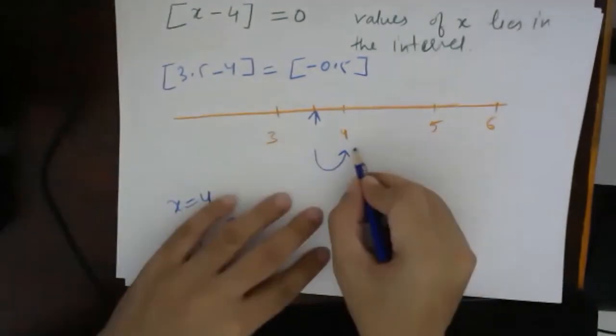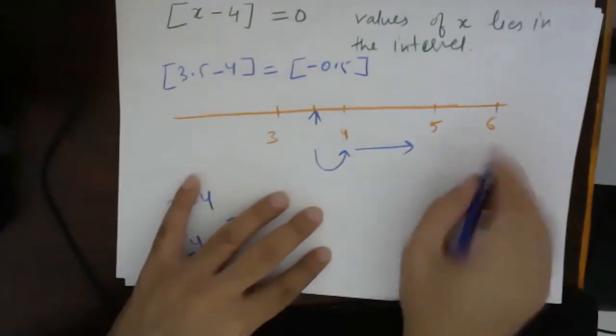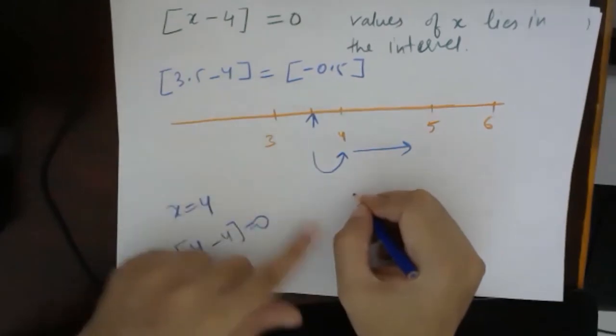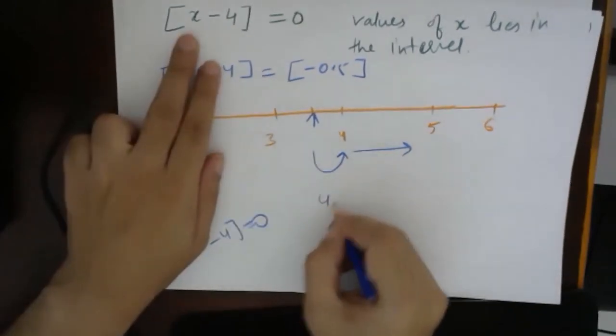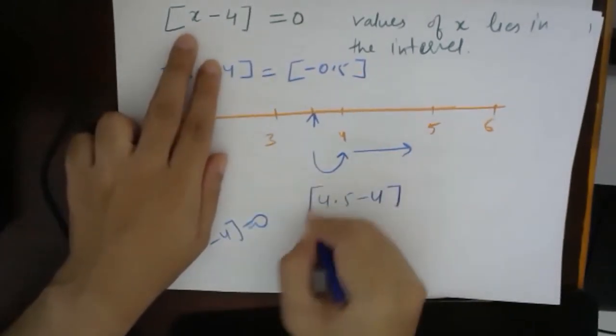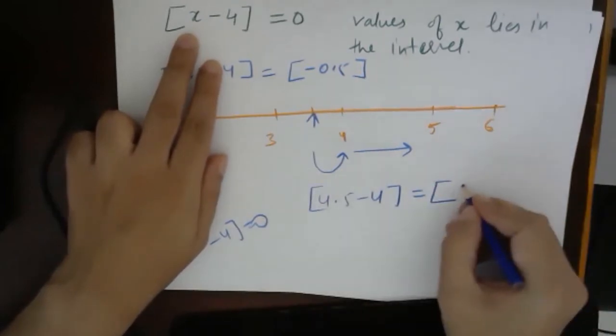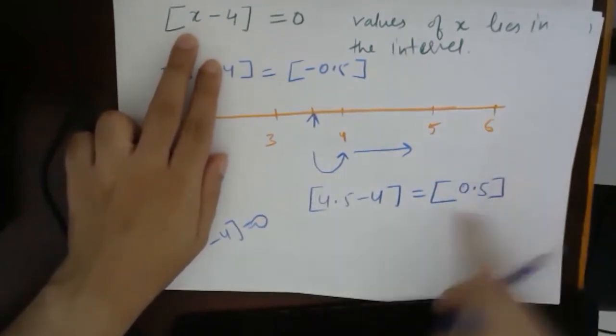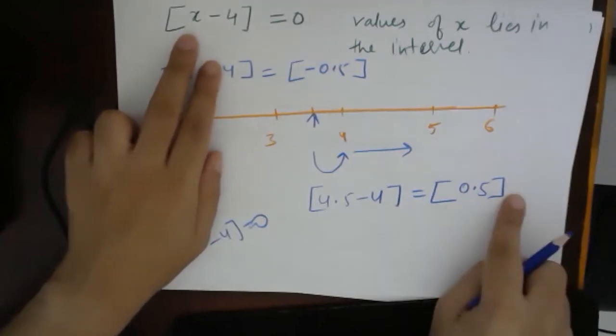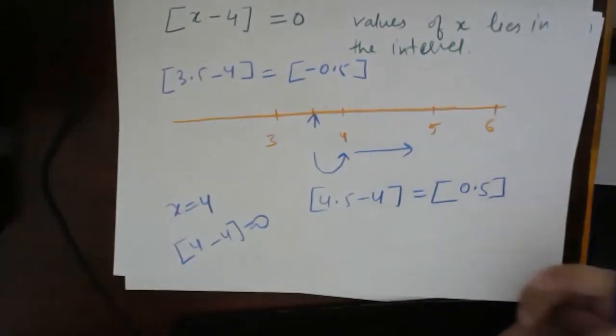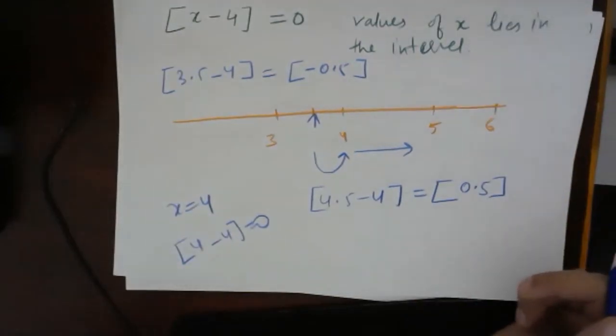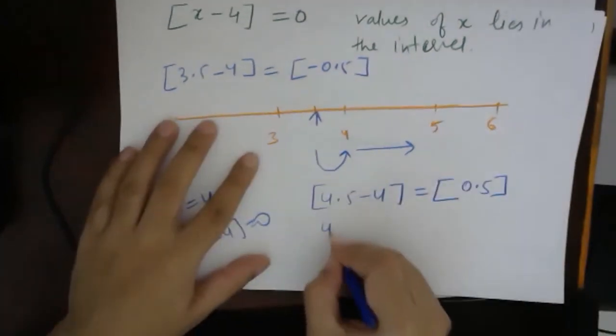Now, any number after 4, let's take 4.5. 4.5 minus 4 gives 0.5. Greatest integer of 0.5 is 0, so it will give you 0. Same thing will happen with 4.8.